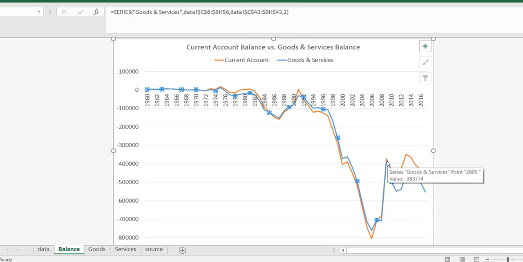The most meaningful discrepancy occurs only since 2009, where the current account balance is significantly different from the balance on goods and services. The orange one is the current account and includes the income transfers, whereas the blue one is just the balance on goods and services and doesn't include the income transfers.